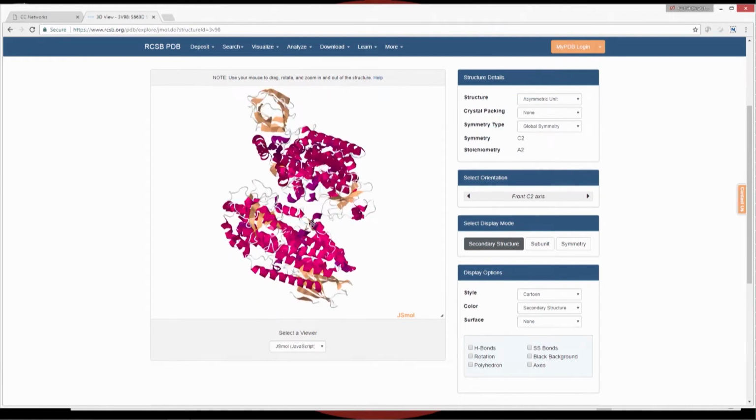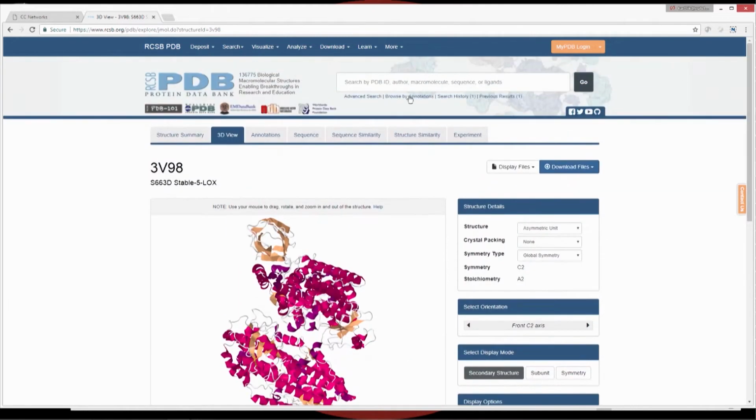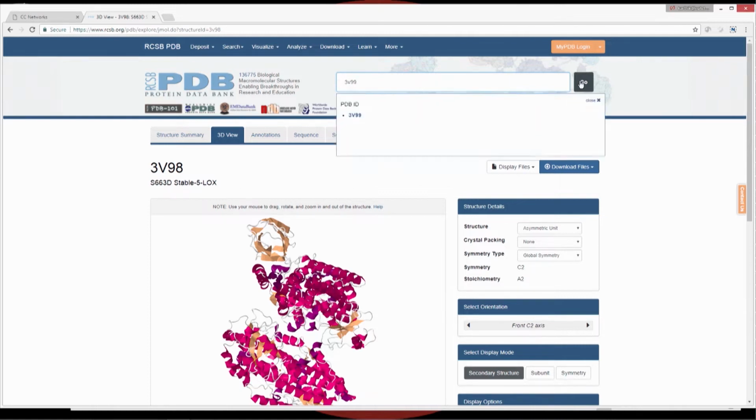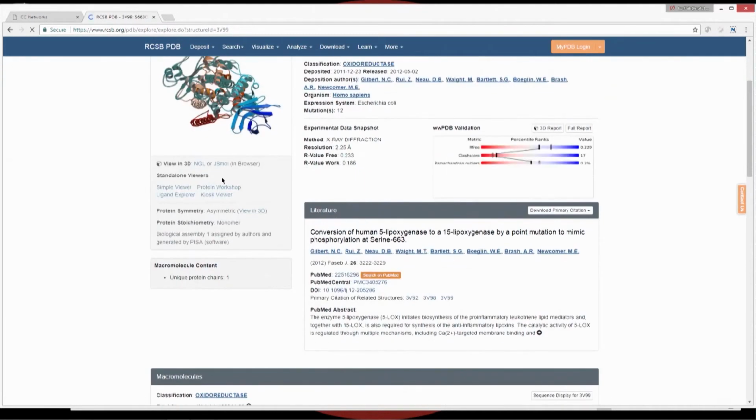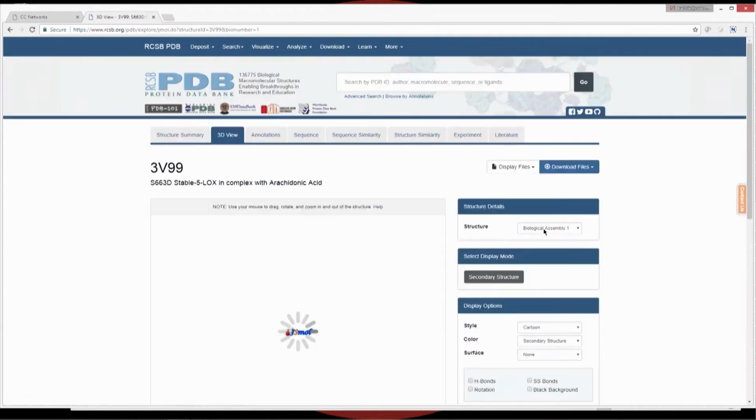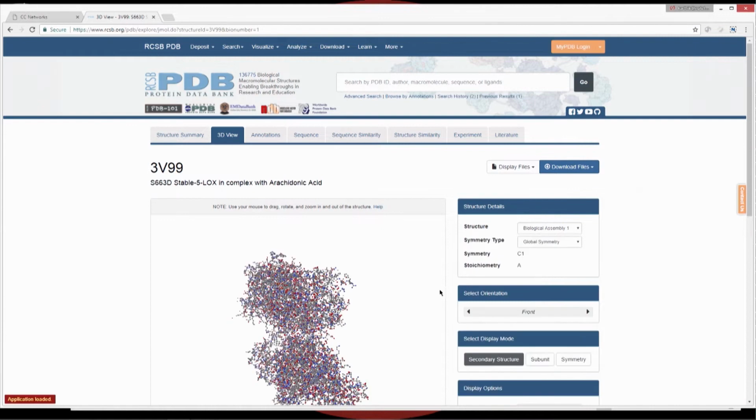There is again a 3V99, that is again a 5-lipoxygenase. It has arachidonic acid attached to it.